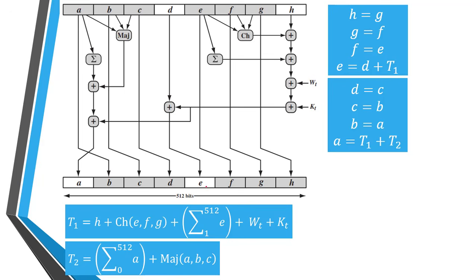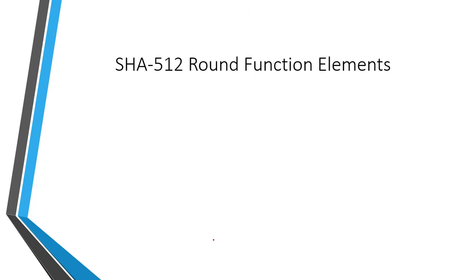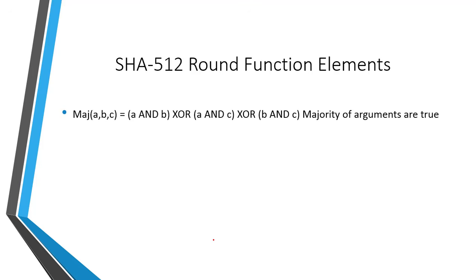Now we will see what the conditional function, the majority function, and the summation function are. The majority function is true only if the majority of the arguments are true. So majority of ABC equals (A and B) exclusive OR (A and C) exclusive OR (B and C).